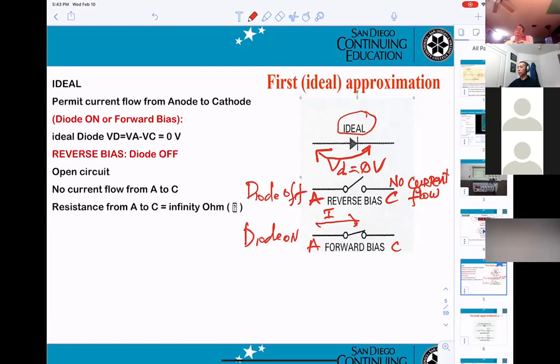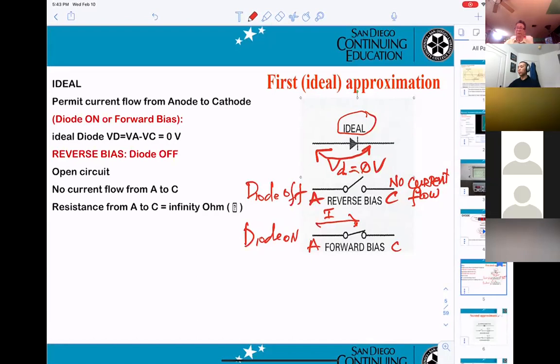For the next page, you can see the difference between the ideal diode and a practical diode. They just have a difference in the VD. Practical diode VD can be equal to 0.7 volt or 0.3 volt. Hey, Mr. Pham?